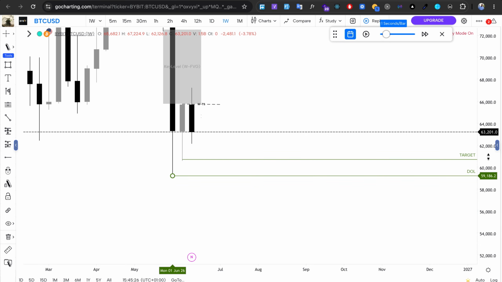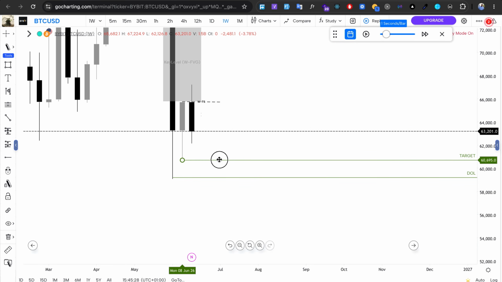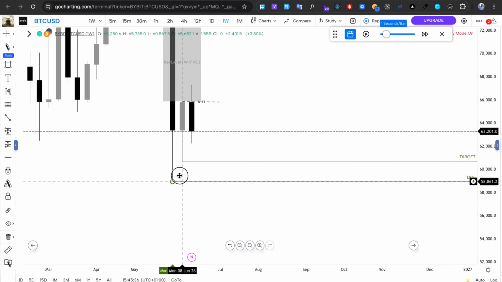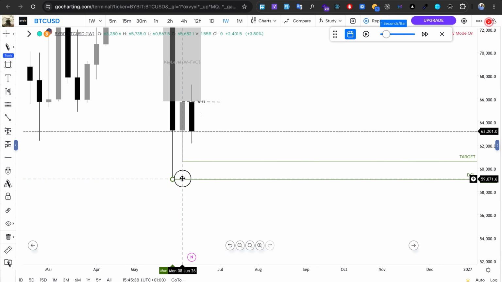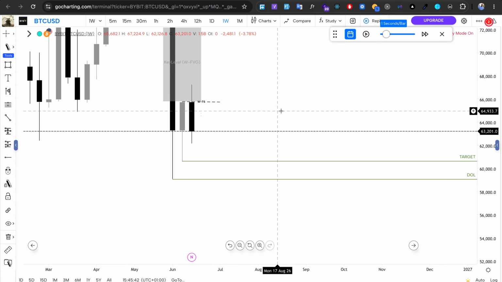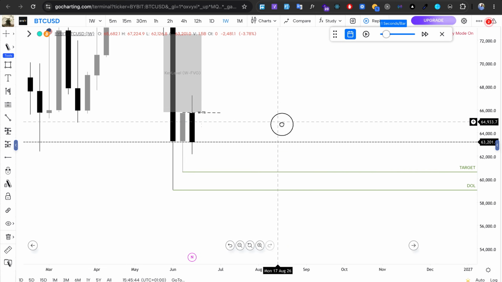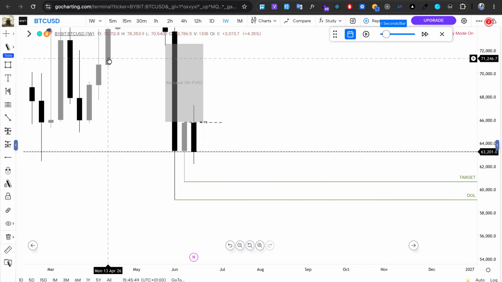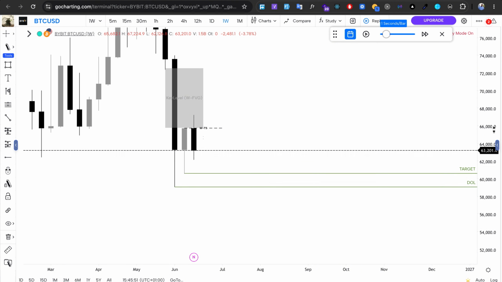But if I want to enter this trade, this is where my target is going to be. Then if I want to be a bit greedy, it's going to be this particular DOL. It all depends on maybe the RR I'm trying to get.